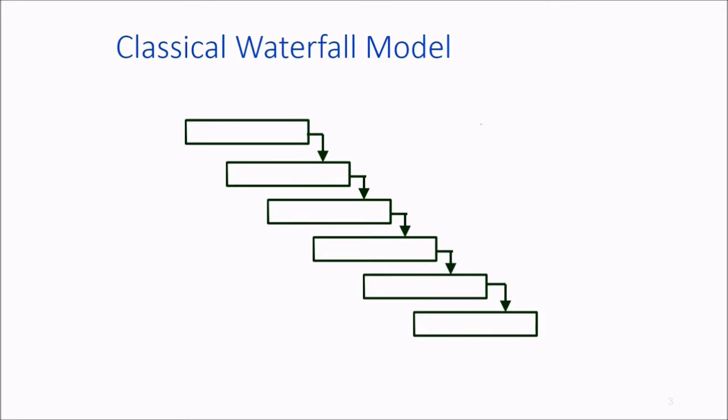The waterfall model has actually extracted its name from a similarity between the actual waterfall in real life and its workability. You perform feasibility study, then requirement analysis, followed by design, coding, testing, and maintenance.